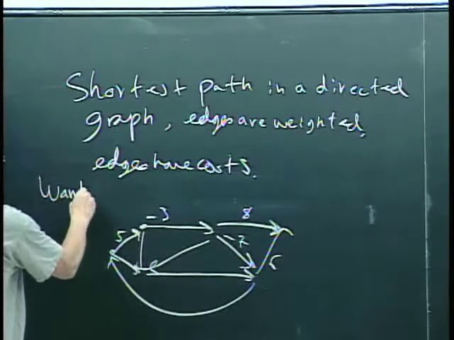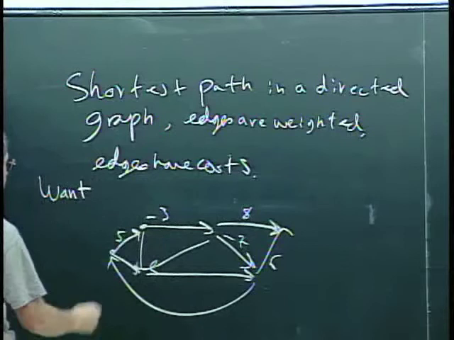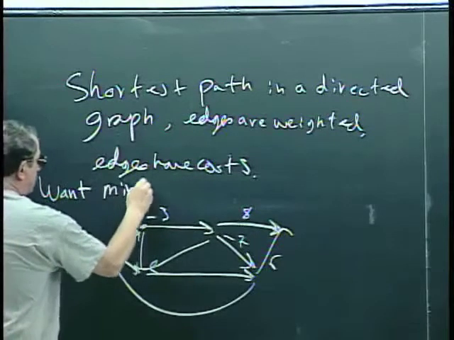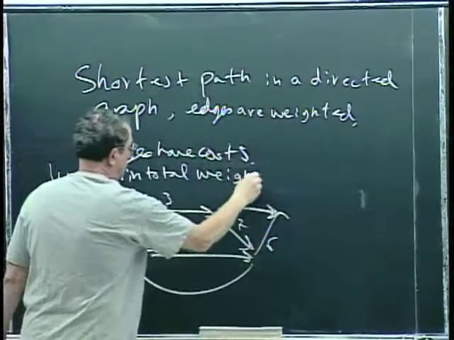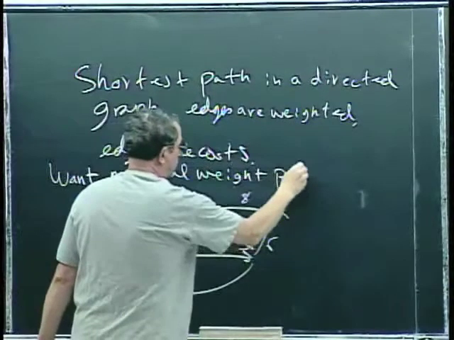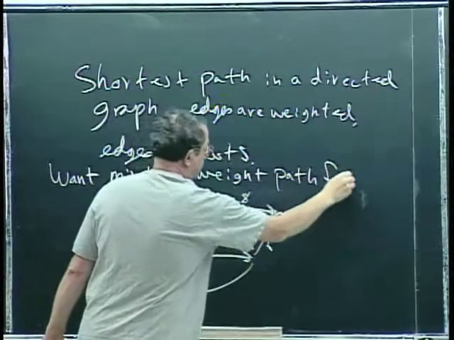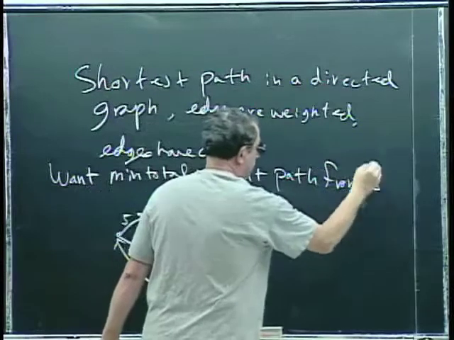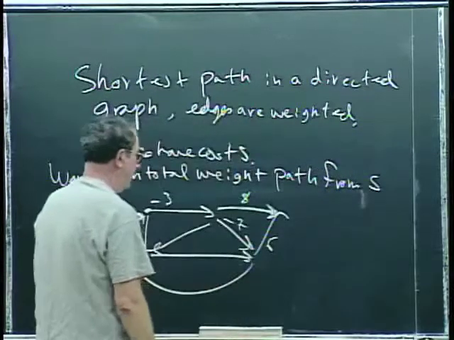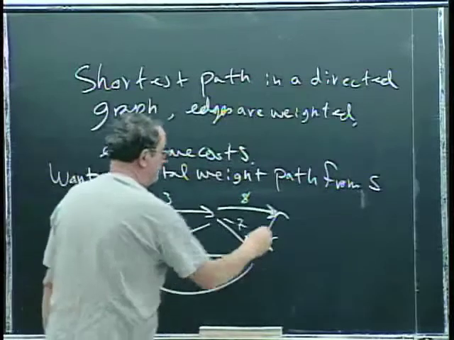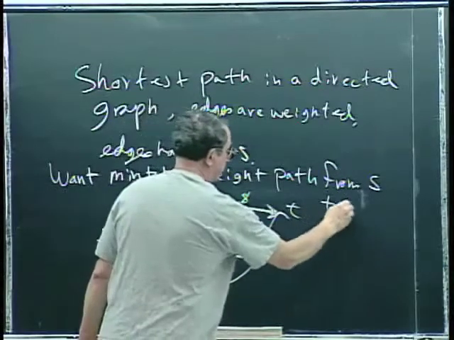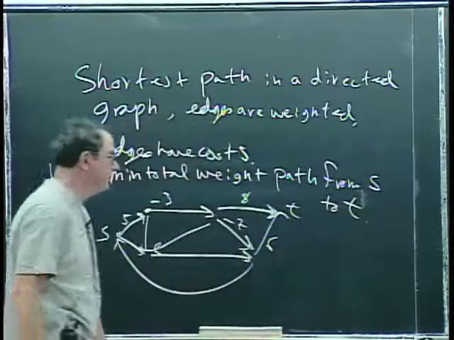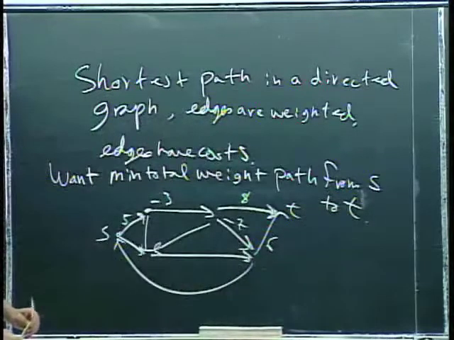It's advantageous to take some edges that have negative weight. Minimum total weight path, or cost, from some initial vertex or node we'll call S to some final node T, from S to T. T for terminal, S for source.